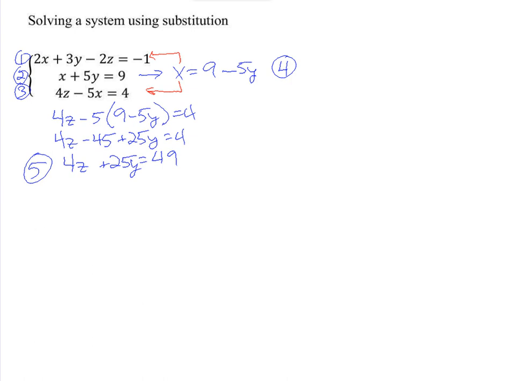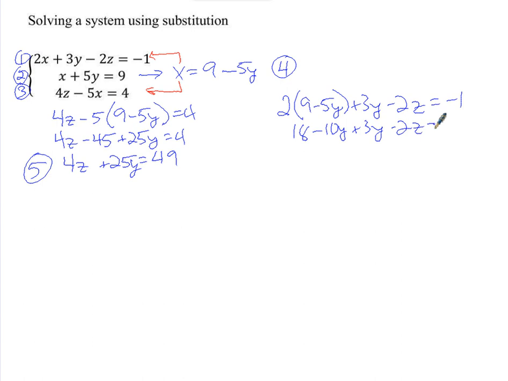Yep, you're going to do the exact same thing to equation number 1. Substitute in x here into equation 1 and rewrite it. So we have 2 times 9 minus 5y plus 3y minus 2z equals negative 1. And then simplify that down. 18 minus 10y plus 3y minus 2z equals negative 1.